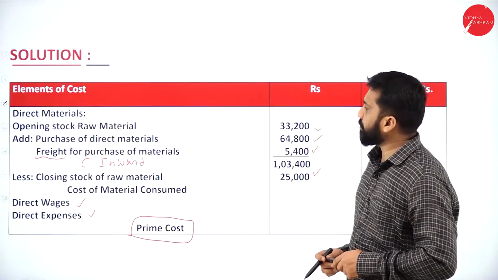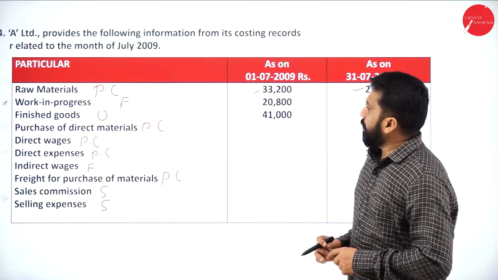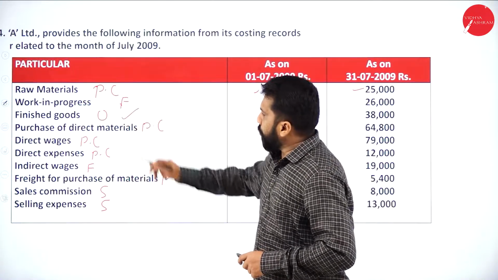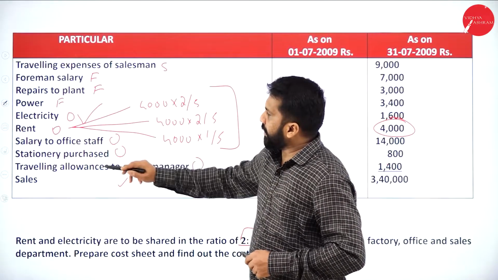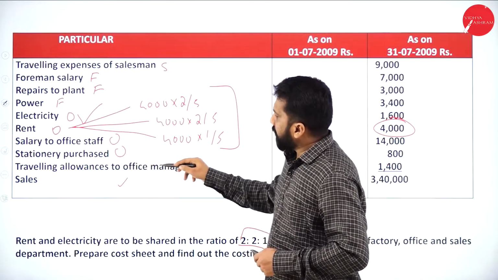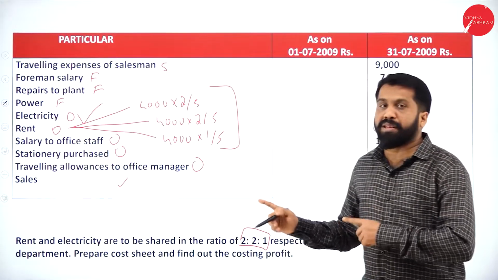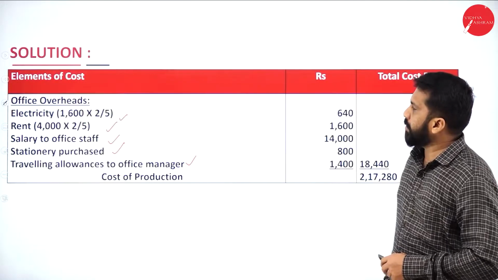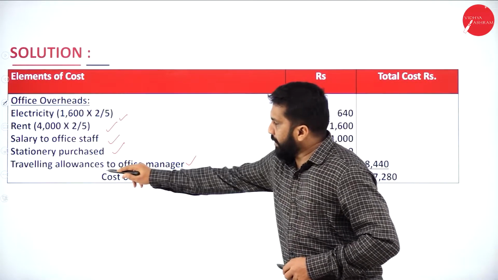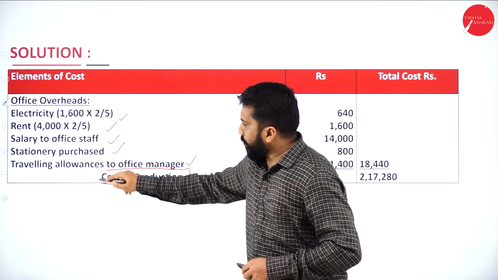I'll show you. See, finished goods, opening and closing. Then we have taken your electricity, rent, salary, stationery, traveling allowance to the manager. Same thing we have copied in the answer also. See, add everything, you will get cost of production.